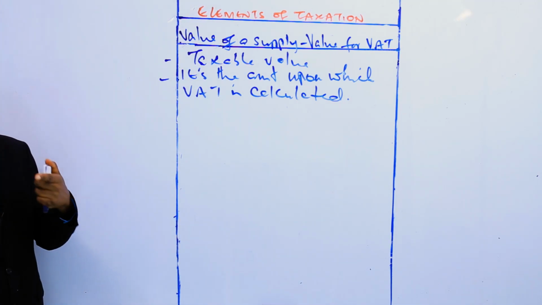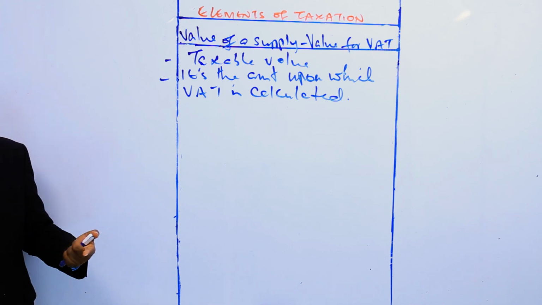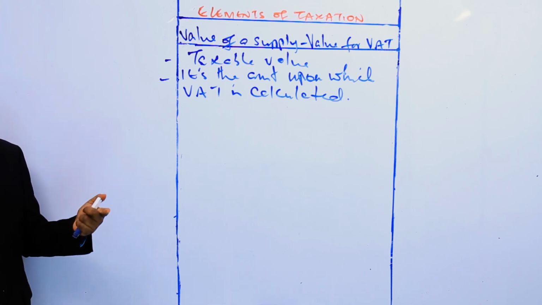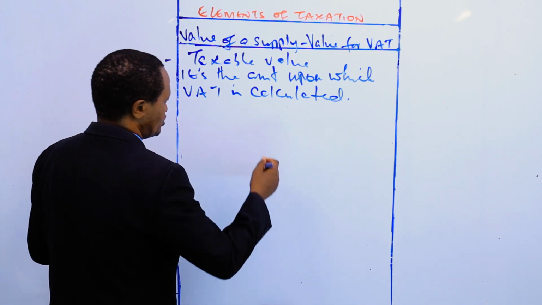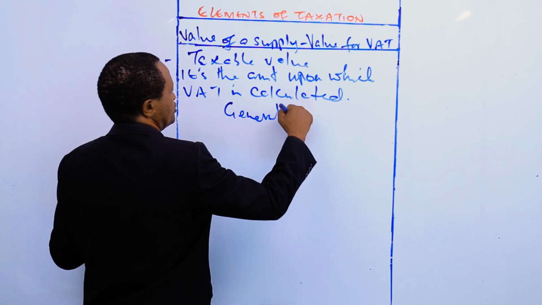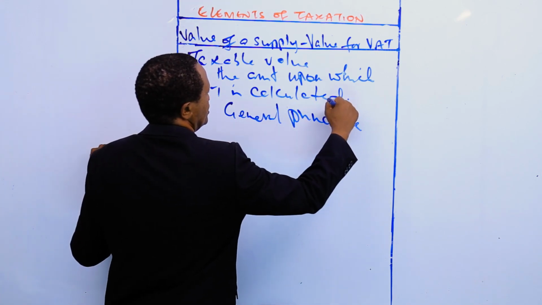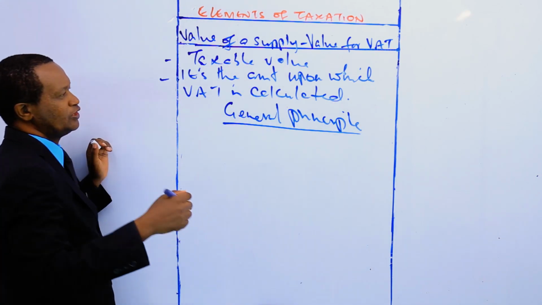The VAT Act and the VAT regulations in Kenya provide the framework for determining the value of a supply. So we want to identify a few general principles surrounding the value for VAT.